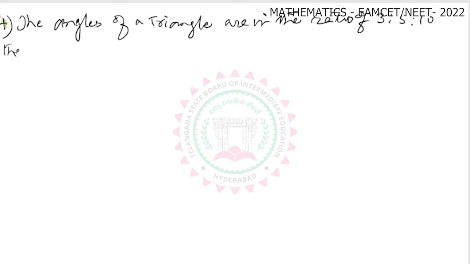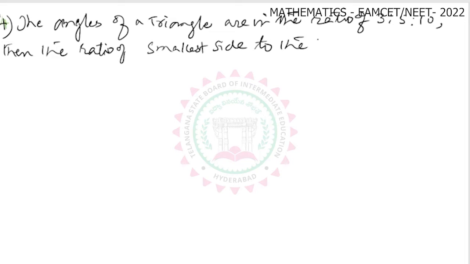Then the ratio of the smallest side to the greatest side is, the options are 1:10.